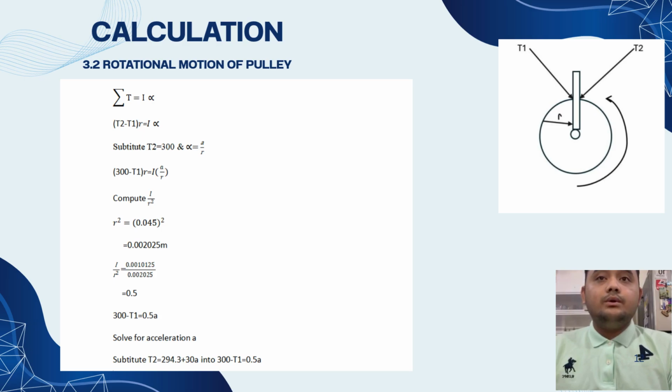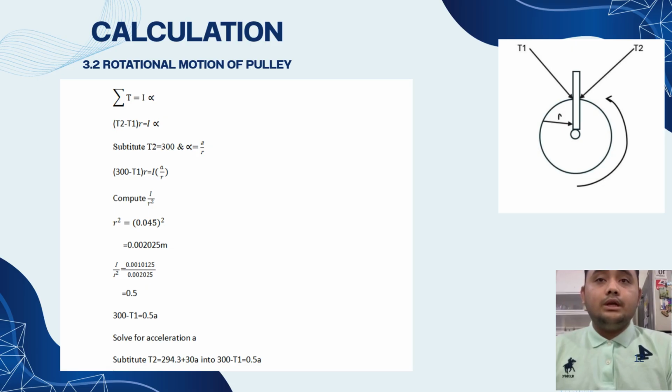So we use this formula, and the radius is 0.002025 meter. In this case we have to substitute T2 as 300 and the angular acceleration that we found before, and compute. So 300 minus T1 equal to 0.5A.